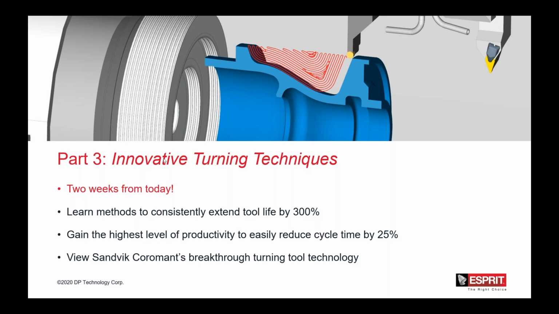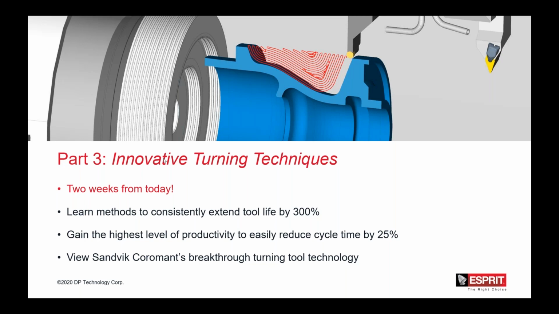One thing I would point out is when you are pecking in the peck cycle, we don't ever recommend to fully retract if you don't have to. If you can retract to a point that you clear the chips and then go back down. Fully retracting when pecking just gives the opportunity to wear the corners quicker as you keep entering the hole.